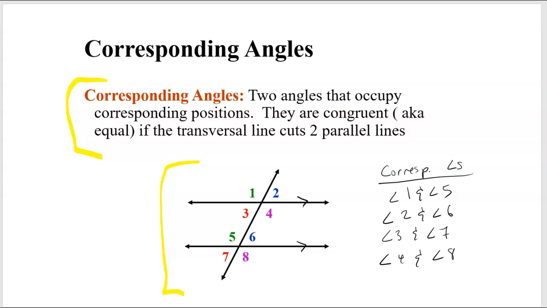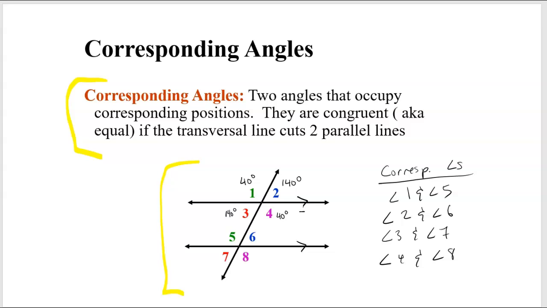Okay, so I want you guys to notice that once I give you one angle, you can actually find all the other angles. So see, I said that angle 1 was 40 degrees. Well, using my vertical angles, I know that 4 is also 40 degrees. If I use supplementary angles, I know that 2 should be 140 degrees because these two are 180, which means 3 is also 140.